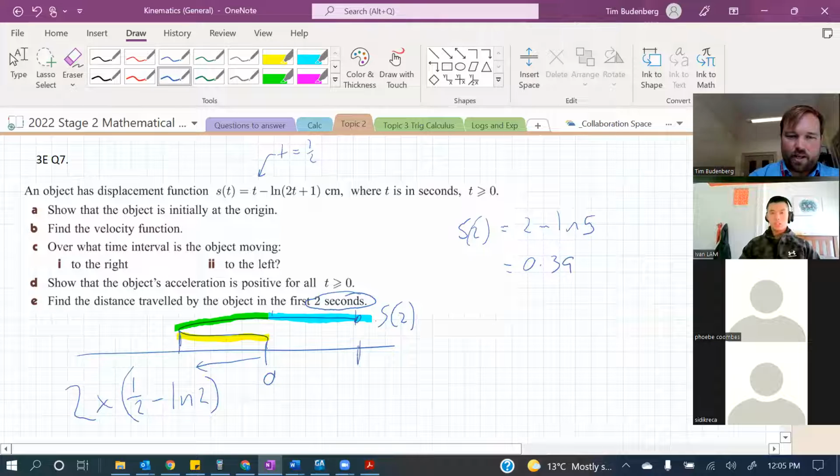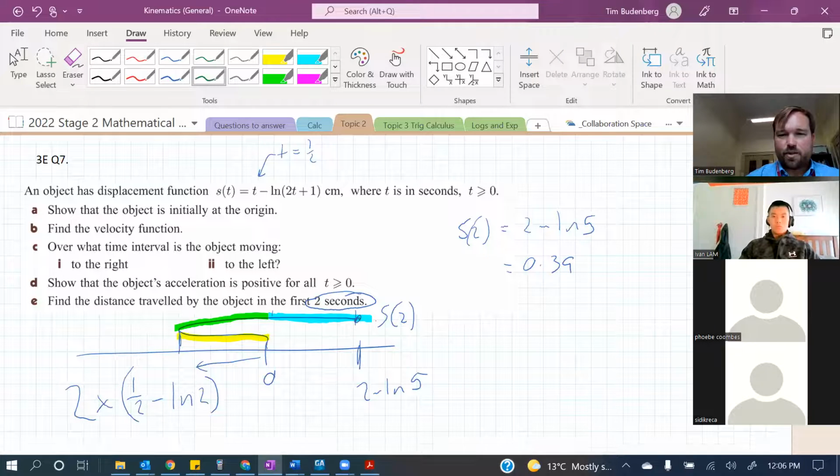But this point here is 2 take ln 5. So the particle's journey is to the left, a half take ln 2, to the right, another half take ln 2, and then continuing to the right until it reaches, well, 2 seconds in, at which point it is 2 take ln 5 away. So its total distance is the addition of those 3 values there. Total distance traveled.